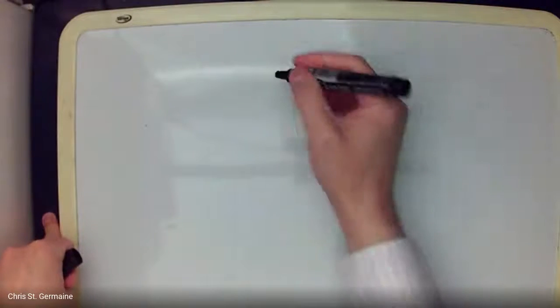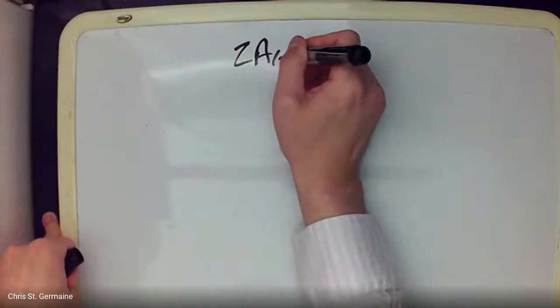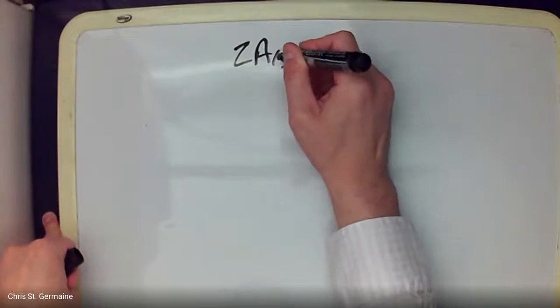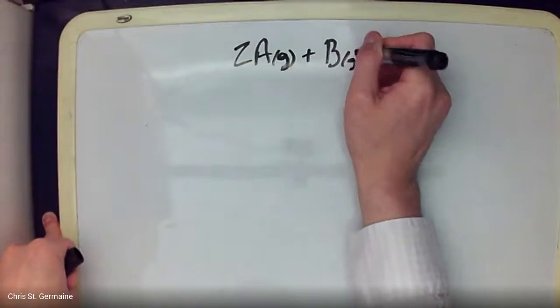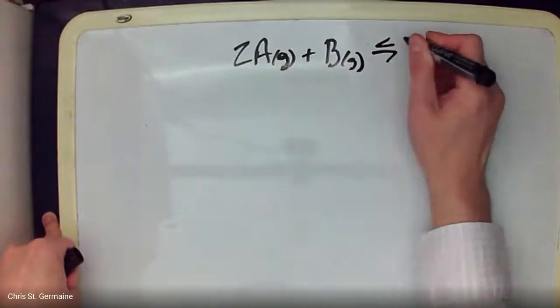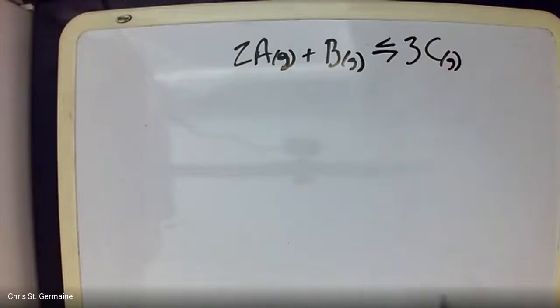All right, so let's just do a generic equation. A gas plus B gas yields 3C gas, right? Just a generic equation.